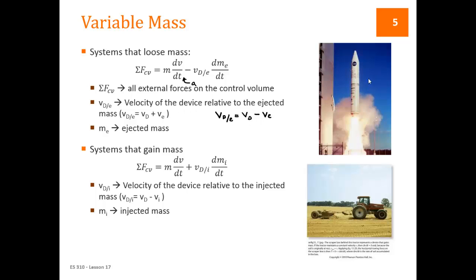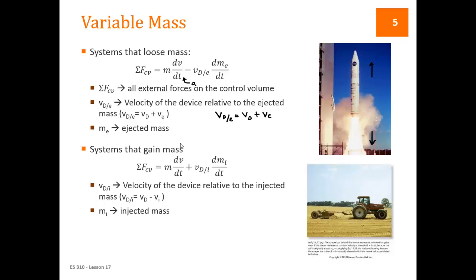So if the rocket is going up, the ejected stuff is going down. They will always be in opposite directions, and that's why there's a plus sign there. That's taking into account the opposite directions. ME is the ejected mass. So this is the time derivative of the ejected mass. So how quickly is the ejected mass being pushed out?